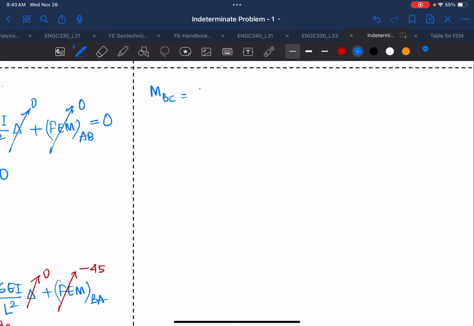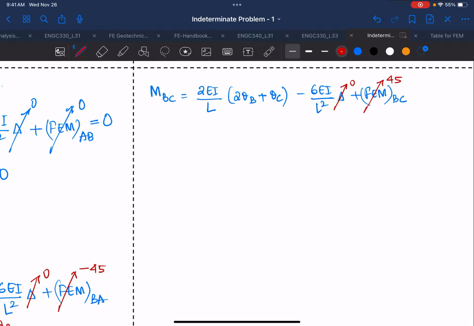MBC will be 2 EI over L times (2 theta B plus theta C) minus 6 EI over L square delta plus FEM BC. So we know that delta is going to be 0, and the FEM is going to be 45.